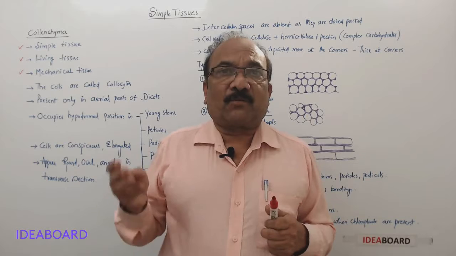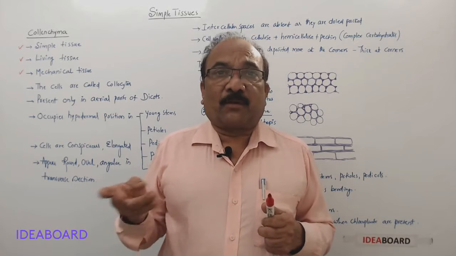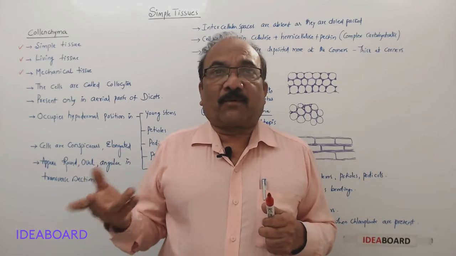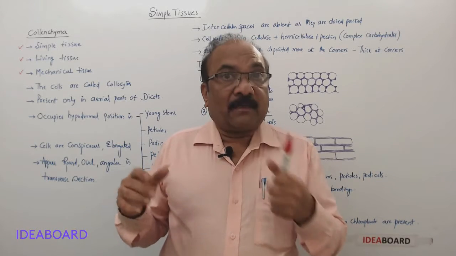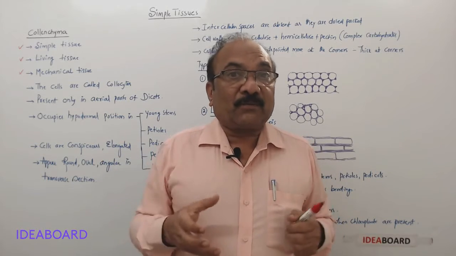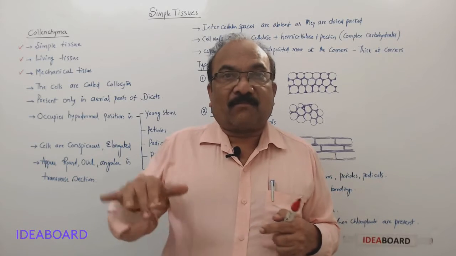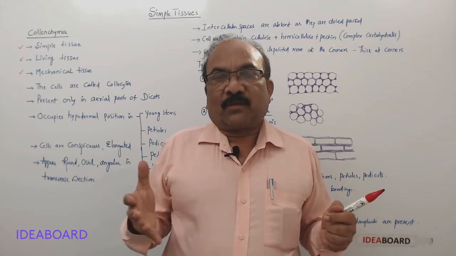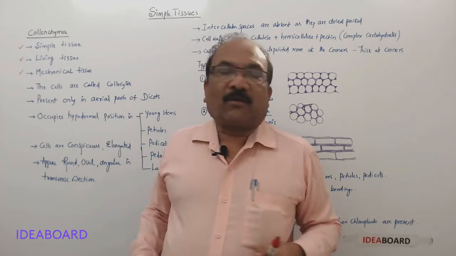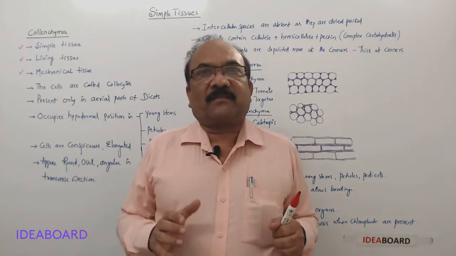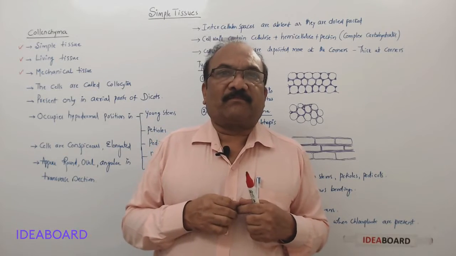It is able to store food materials, prepare food materials, provide turgidity to the cells, and even provide protection to the plant organs in the form of epidermis. We discussed that already. But this collenchyma provides mechanical strength.